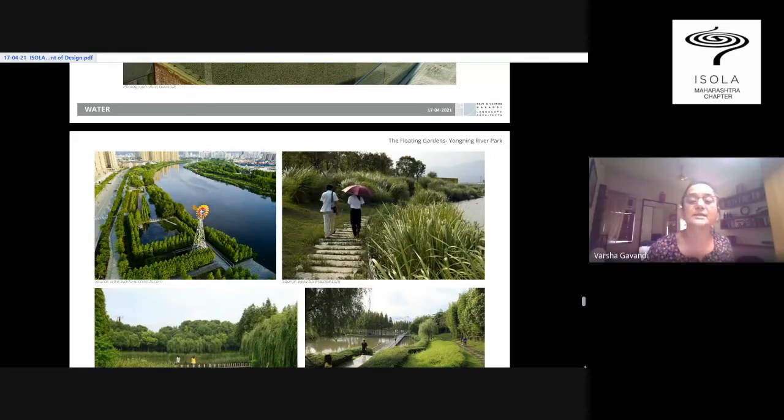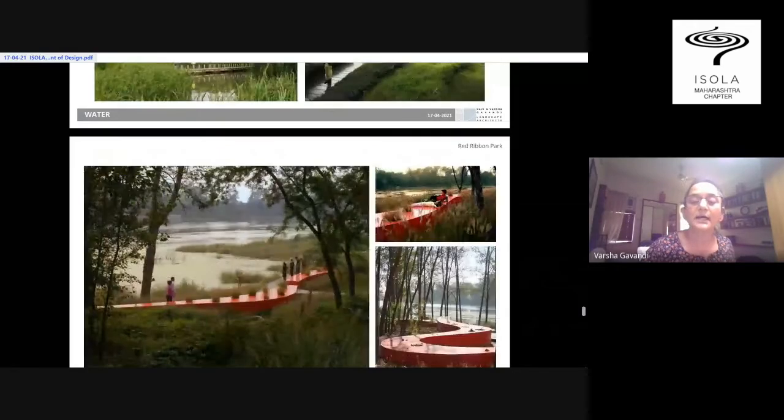Some of his famous examples, all of us know about, so I will not get into the details. But one is a floating garden along Yongning River Park, and the other is the Red Ribbon, which was, I think, the first of its kind in China.